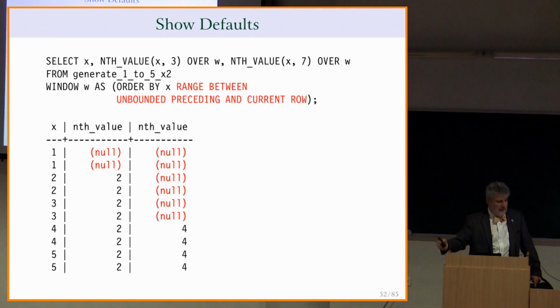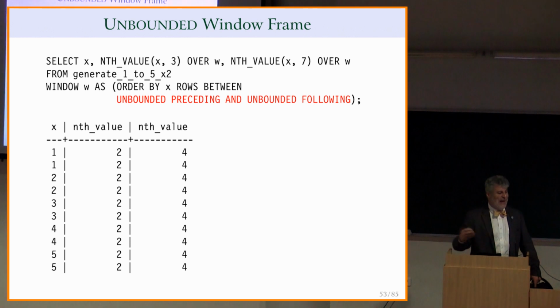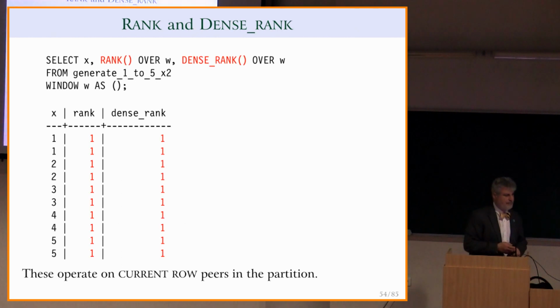If I open up my window frame to be the entire partition, now no matter which row I ask for the 7th value from, I get the 7th row value. Any questions?